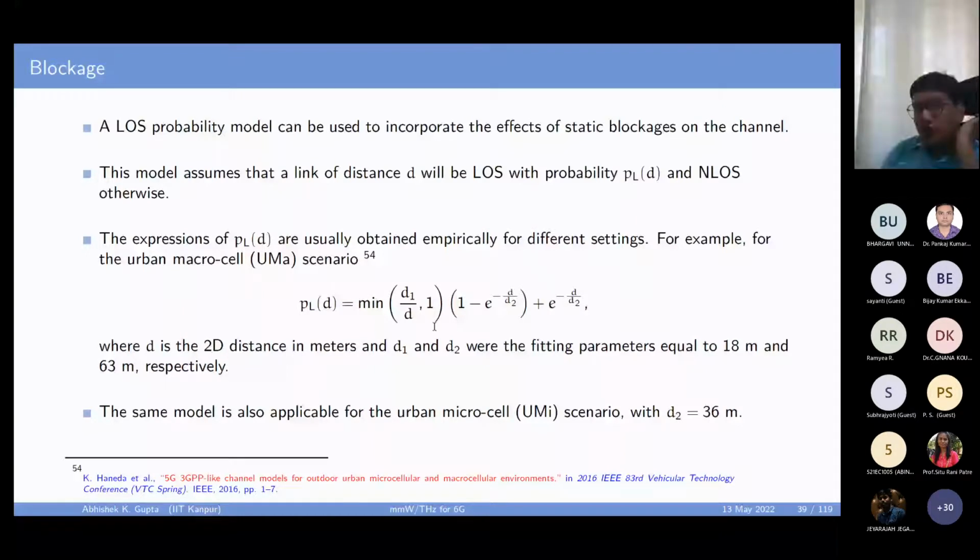So you put in the distance, and it will tell you the probability that this link will be blocked. Similarly, for different scenarios these parameters can change, to compute the blockage probability for various other scenarios, for example urban microcell, rural cell, indoor cells, and so on.